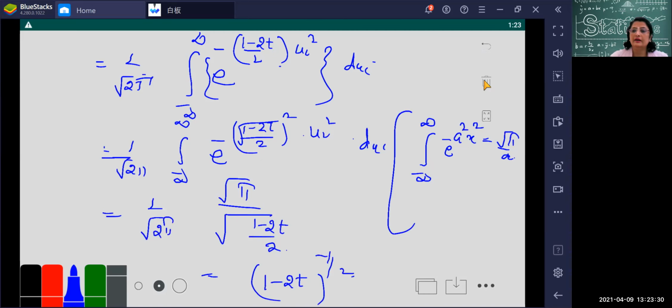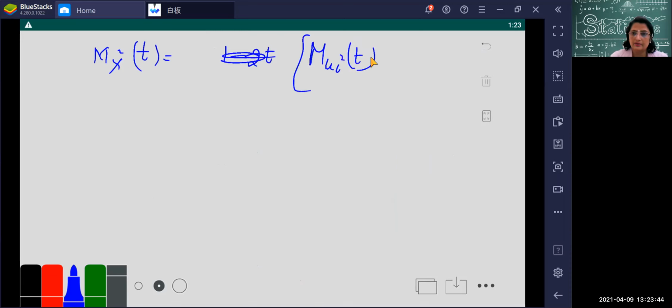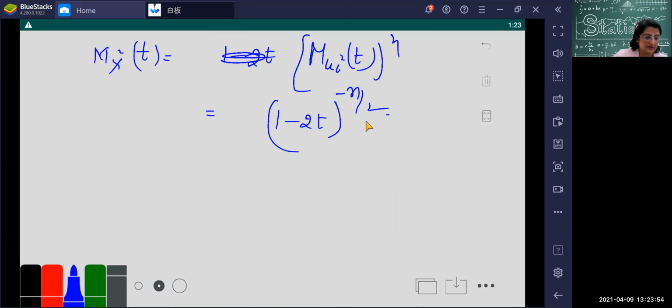So what we were finding was the MGF: M of chi square at t is equal to, that was M of ui square at t, whole raised to power n. So you will put the value here, then you have (1 minus 2t) raised to power minus 1/2 already, the n goes up, that becomes minus n/2, which is the MGF.